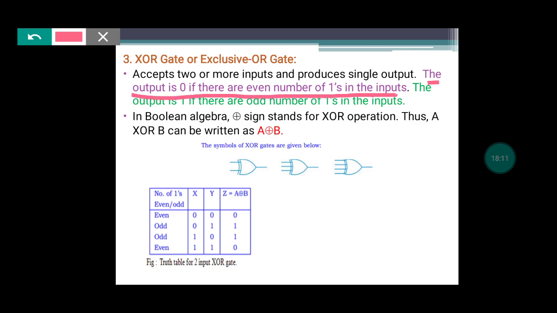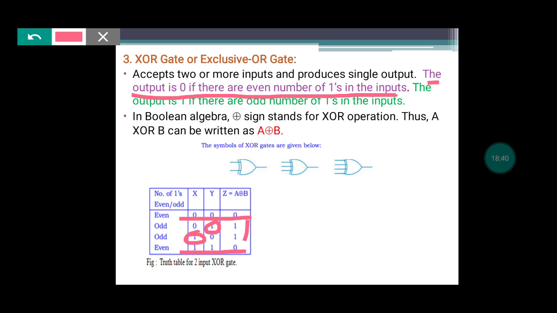Even number of ones means when all the input signals are 0, then the output signal is 0, or if any 2 input signals are 1, or an even number of input signals are high or 1, then the output signal will be 0. Now if we have an odd number of ones, here 1 has appeared 1 time, and 1 is an odd number, so that time the output is 1.